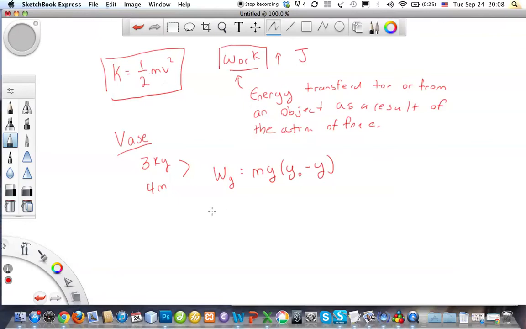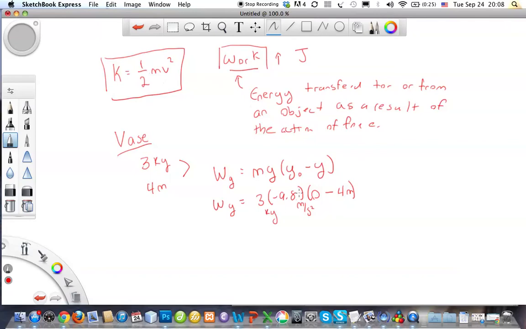So just to show that to you, I'm going to get positive work out of this, which equals mass, so 3 times negative 9.8 times y naught, which our initial position from the bottom is 0, minus our height, which is roughly 4 meters. And this is kilograms.